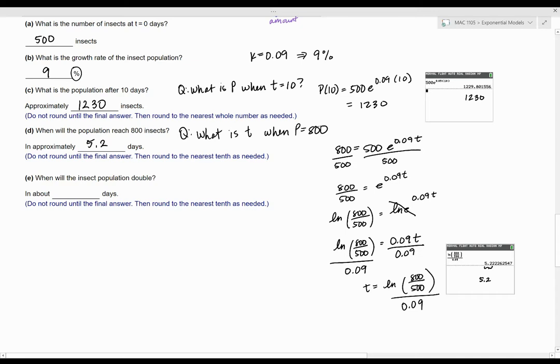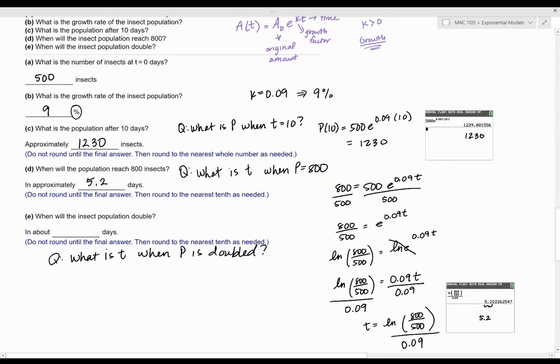Okay, and then let's look at E. So E says, when will the insect population double? Another way to think about that is, what is t when P is doubled? Well, in order to know how much the population is when it's doubled, we would have to know how much it is at the start.